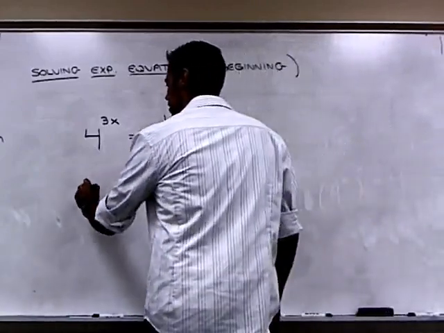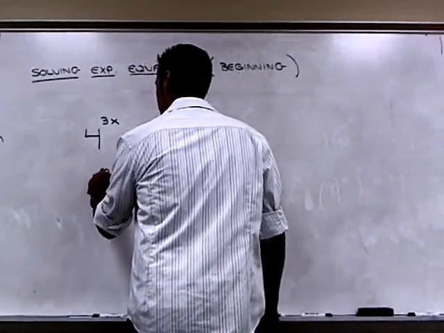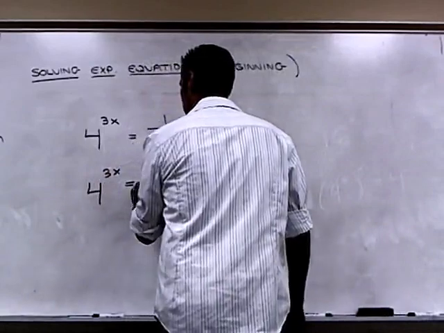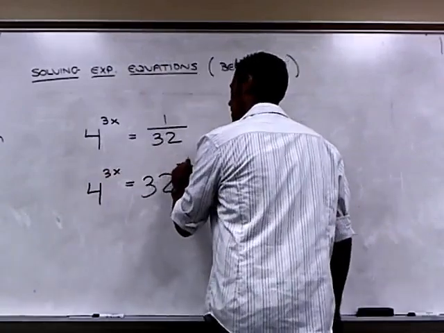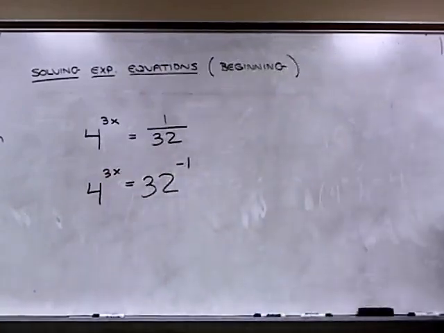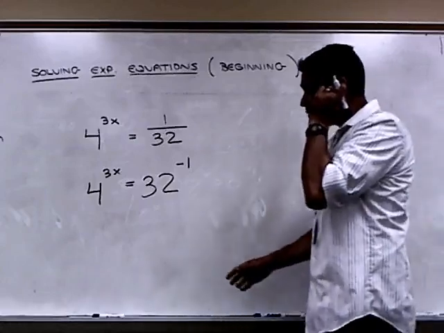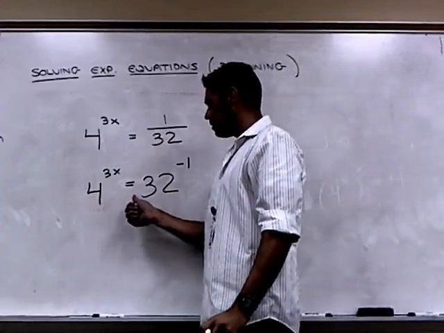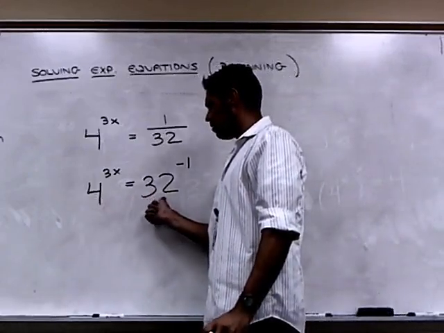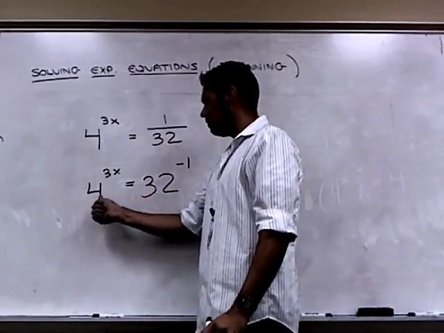Maybe I should guide you through this one. Just tell me whether or not this is true. Is 1/32 equal to 32 to the -1? Okay. Now, can you rewrite 32 as base 4?